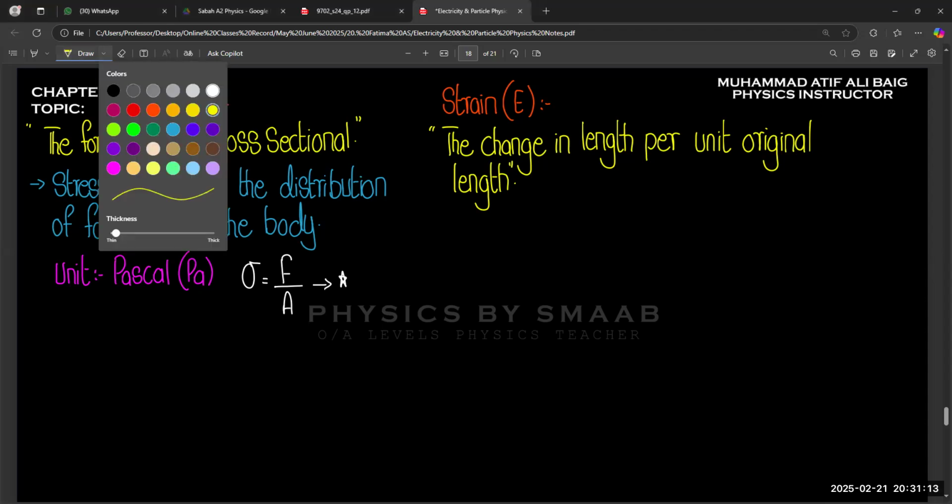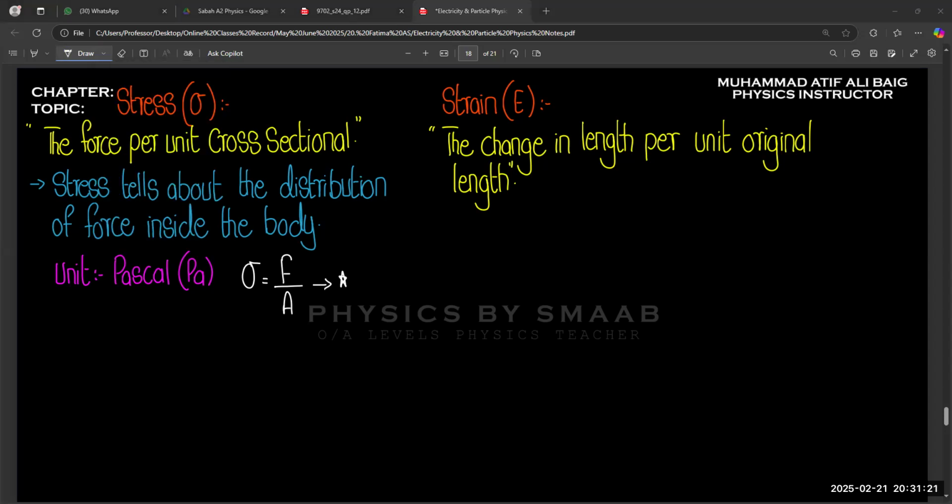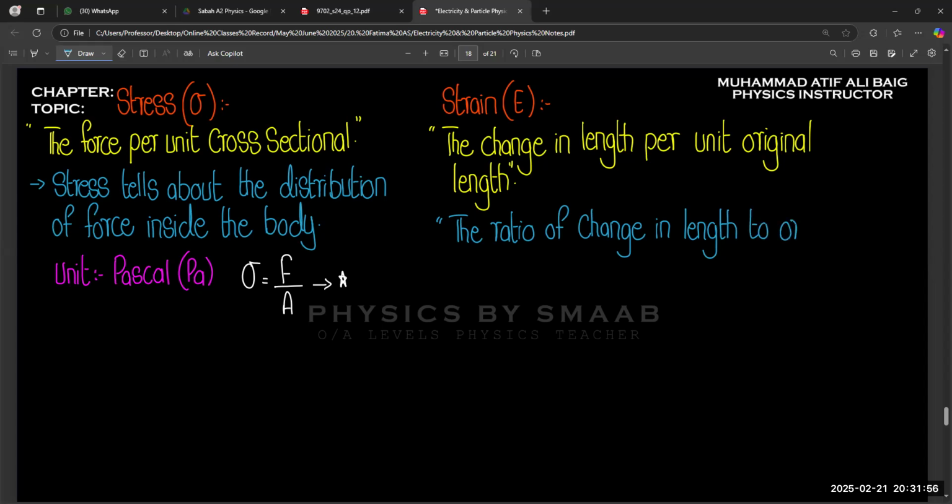So this formula can be defined as, or you can also define it as, the ratio of change in length to original length. So this is the definition of strain.